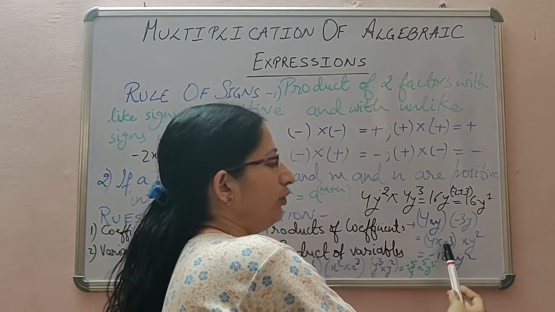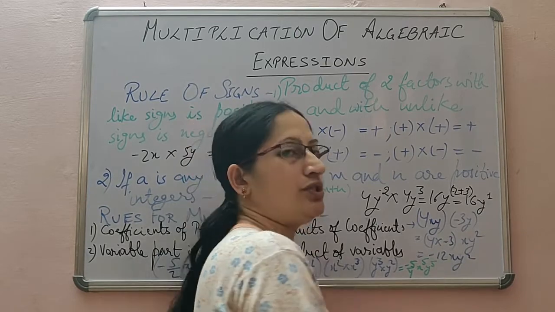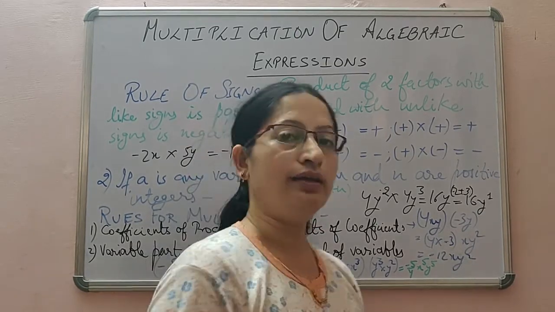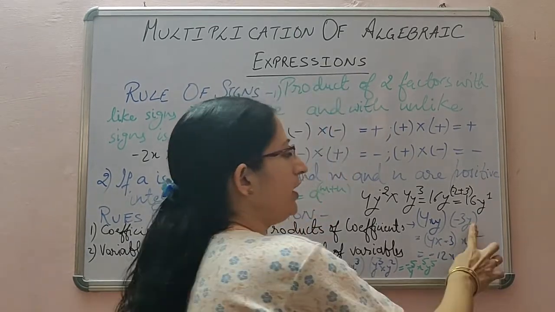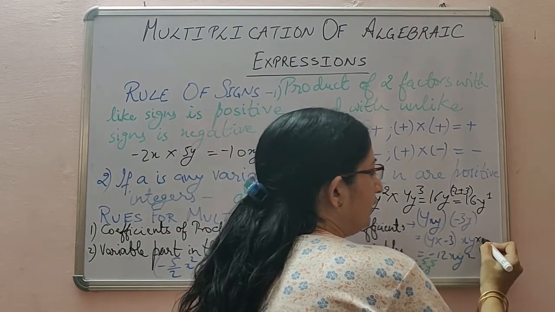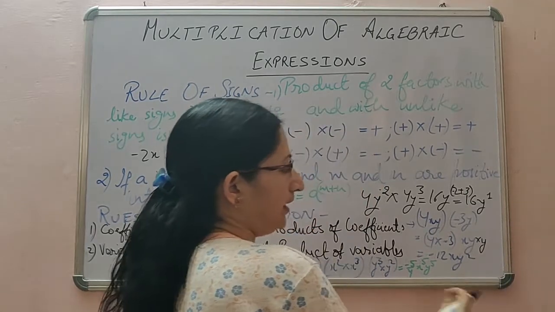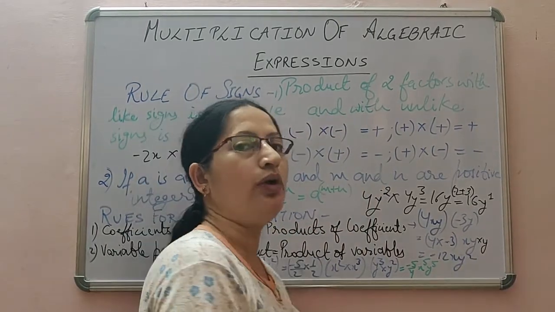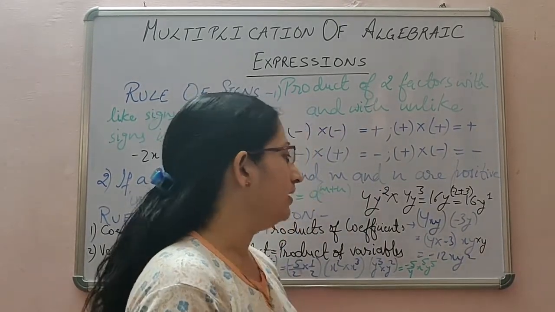So I can write 4 into minus 3, that is minus 12 into xy square. Okay students, if you are not able to understand this, here you can write it like this, x into y, and here it will become minus 12 into xy square.